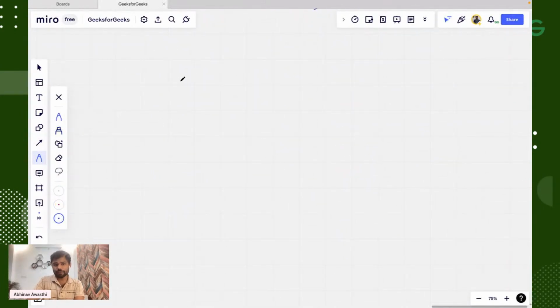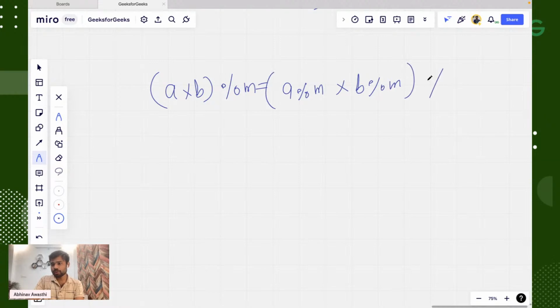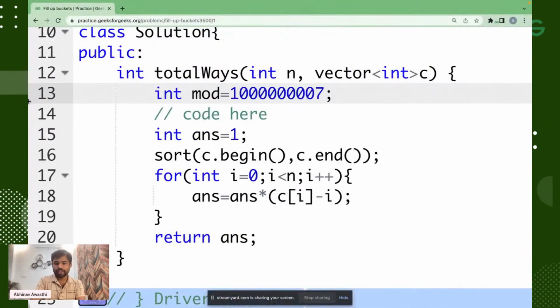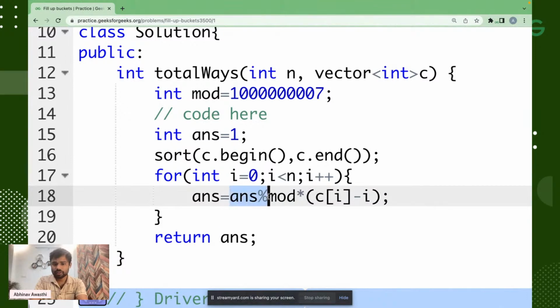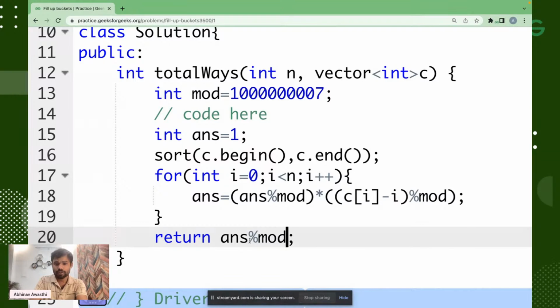If we have to find A into B mod M, it can be written as A mod M into B mod M, whole mod M.